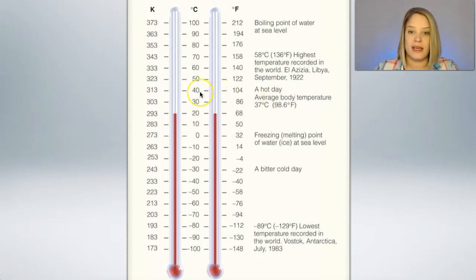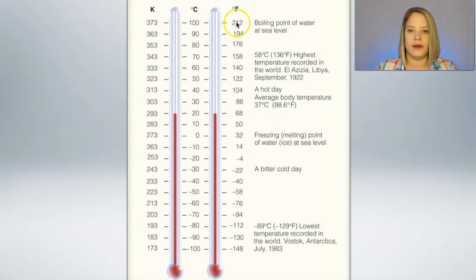On the Celsius scale, that might look like upper 30s or mid 30s to be something in the upper 80s. On the Kelvin scale, a hot day like today might be in the low 300s, which is a huge number, but that's because it's based off of zero being very, very, very cold.